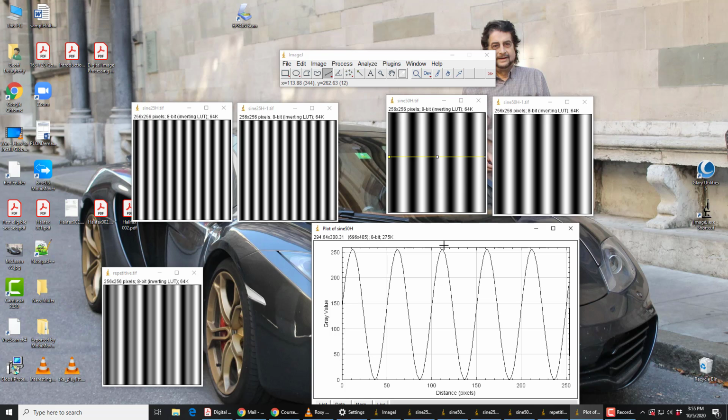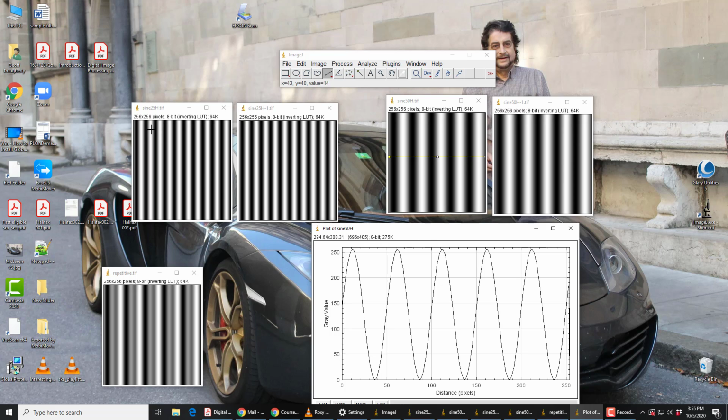Spatial frequency k, or k sub x, it's in the x direction, is 1 over lambda, the wavelength in the x direction. So it's 1 over 50, or 0.02, is the spatial frequency in pixels to the minus 1.